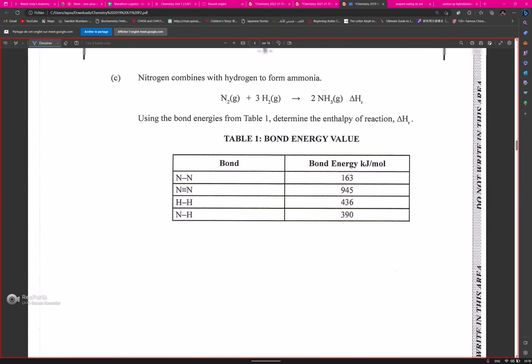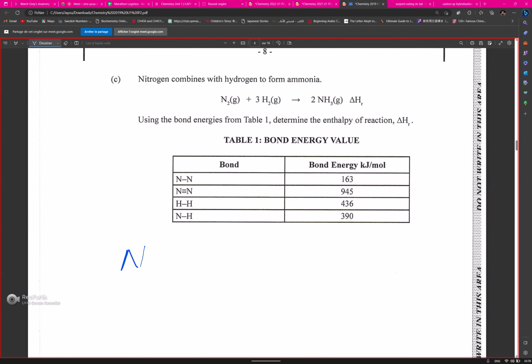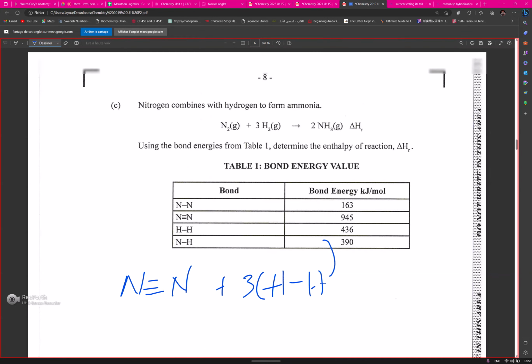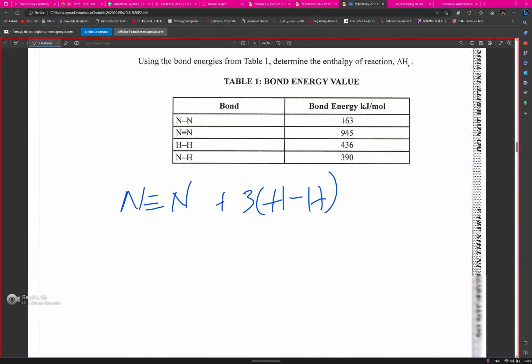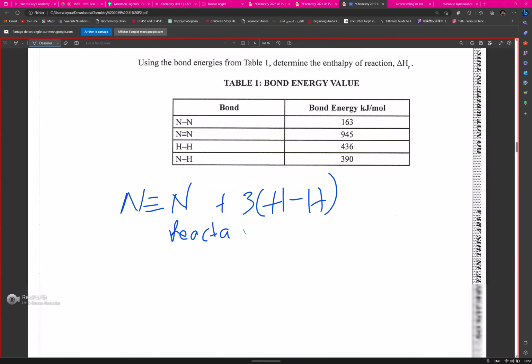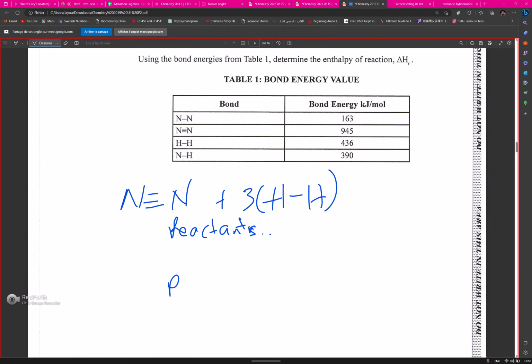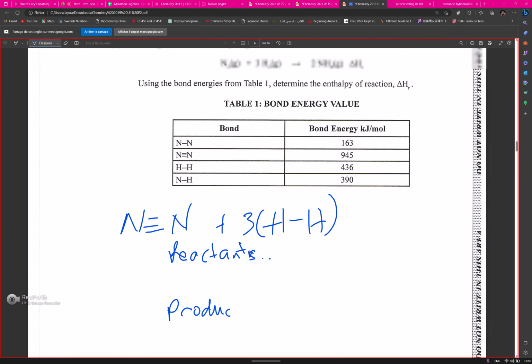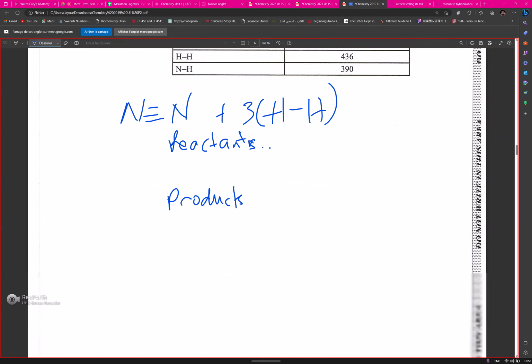Here now we're gonna have the bond energies. So we're gonna have a nitrogen triple bond there, plus we're gonna have 3 hydrogen bonds here. This is reactants. For products, what are we gonna have?